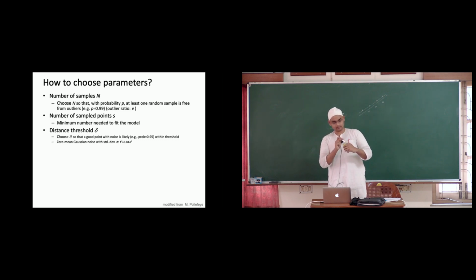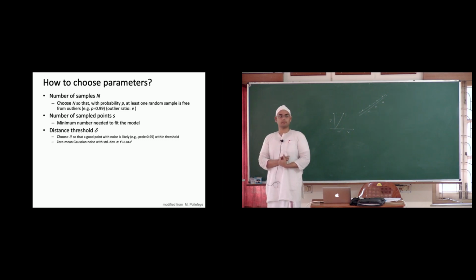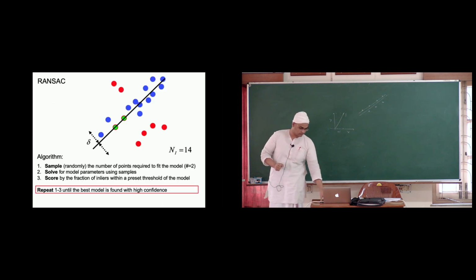The less I take, the more risky it would be. But now if I ask you, okay, I want that after whatever number of times you are taking the sample, the probability would be 95% or more that there would be at least one sample which would give me the best perfect fit. So I have to probably repeat this way.